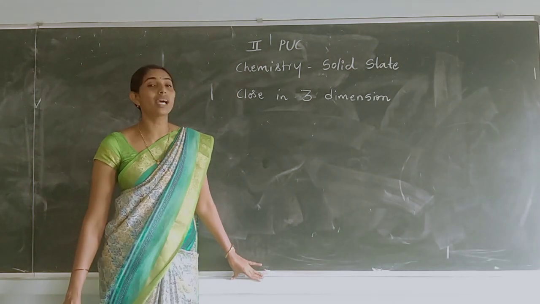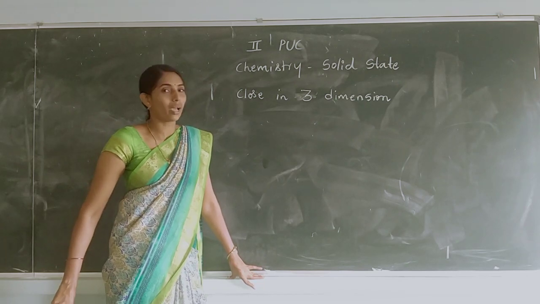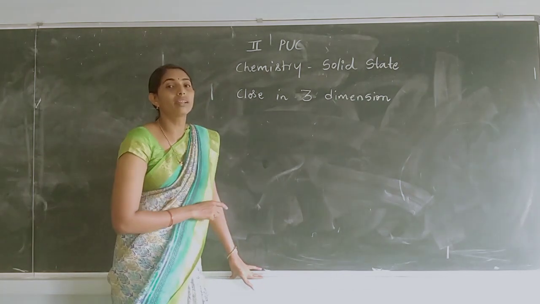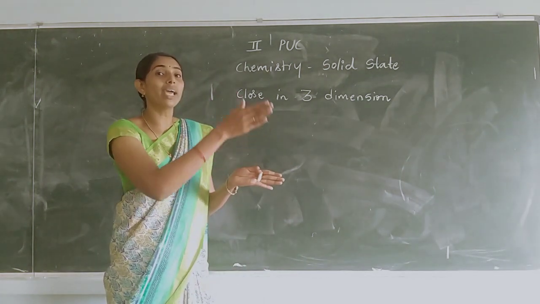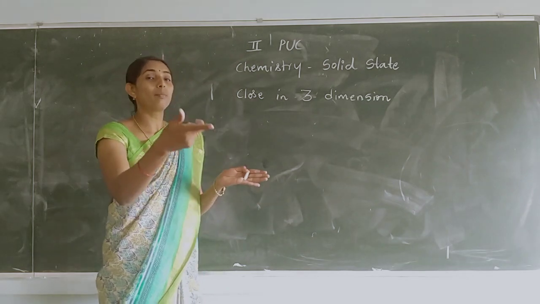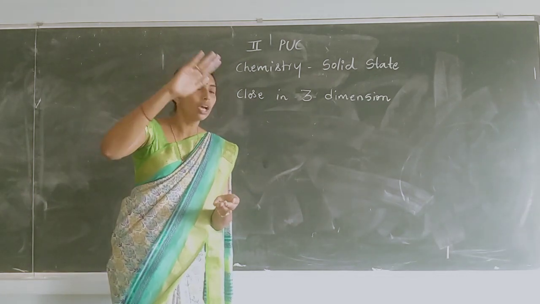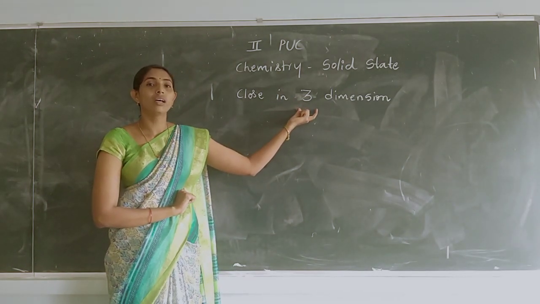How do we get the 3-dimensional close packing? In 3-dimensional close packing, we need many 2-dimensional close packed layers. By stacking many 2-dimensional layers one above the other, you will get the 3-dimensional close packing. Clear?